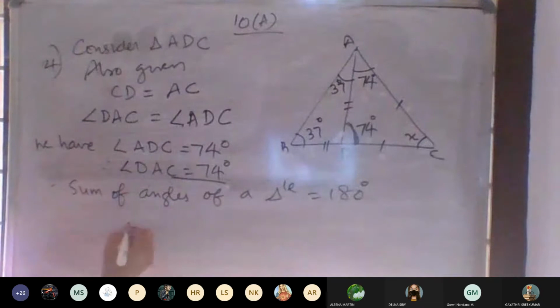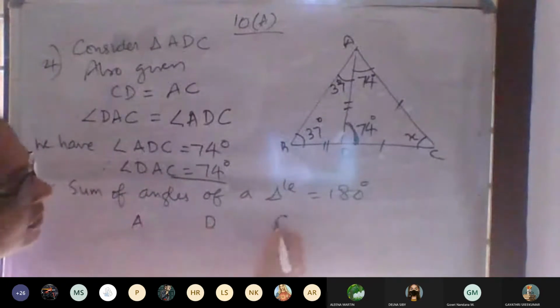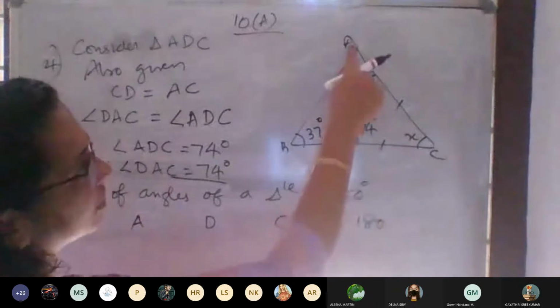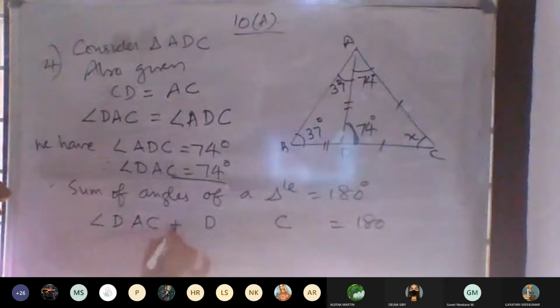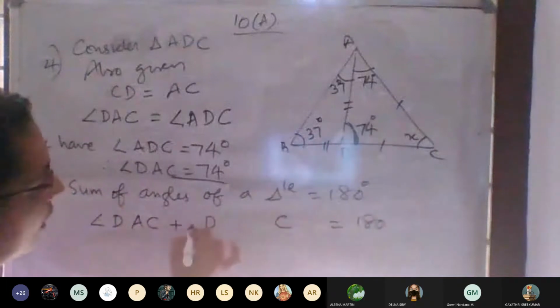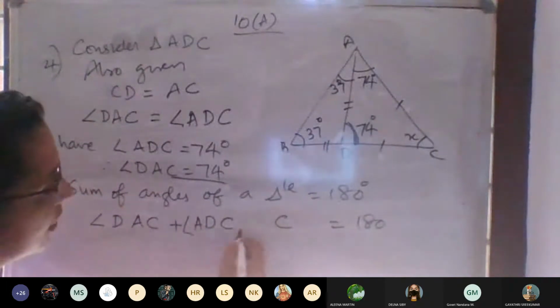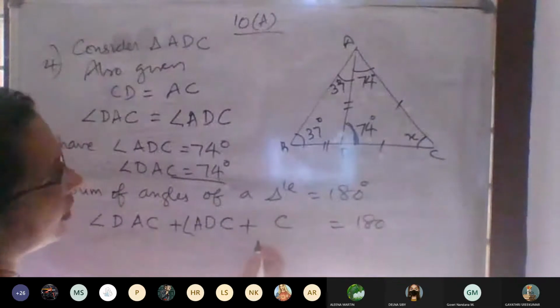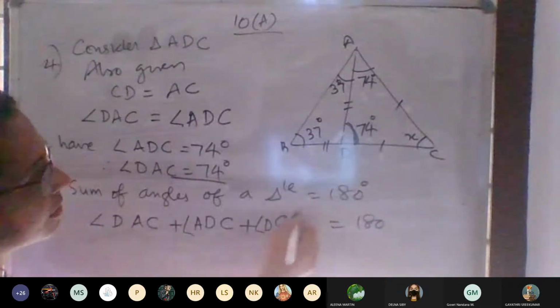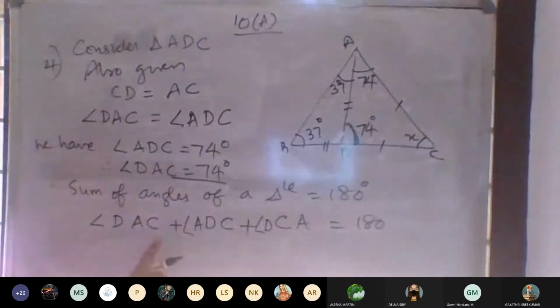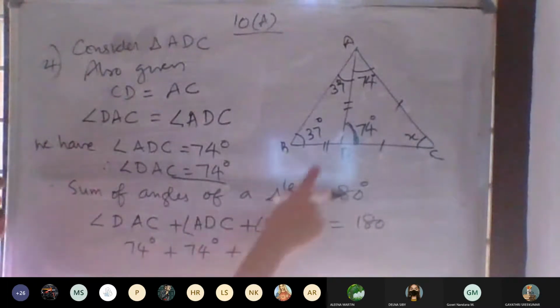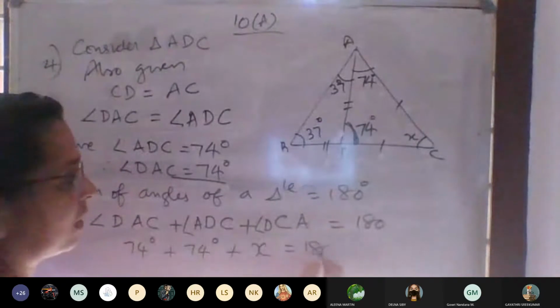That means angle DAC plus angle ADC plus angle DCA, which they gave as X, is equal to 180 degrees.